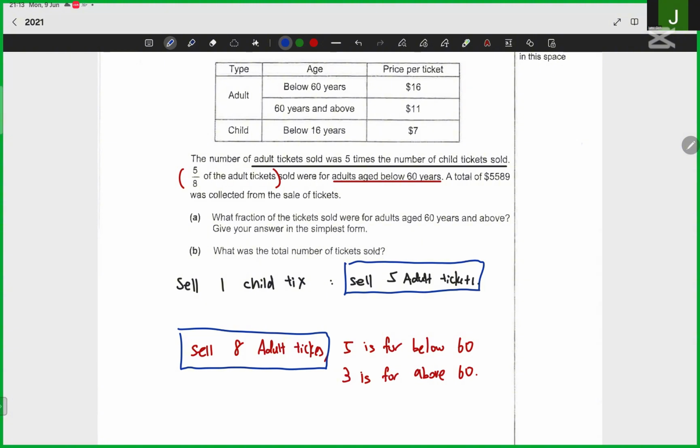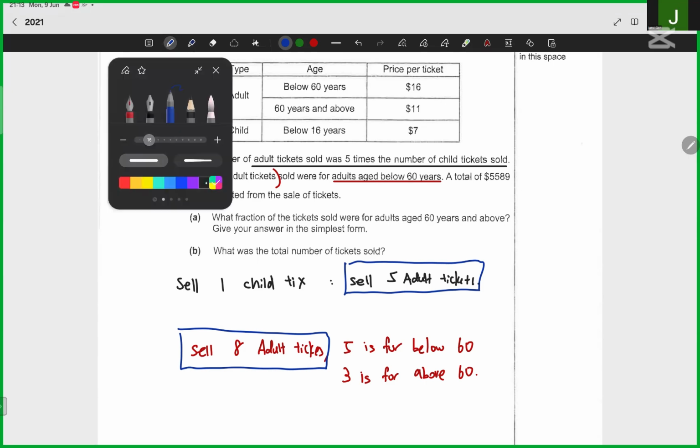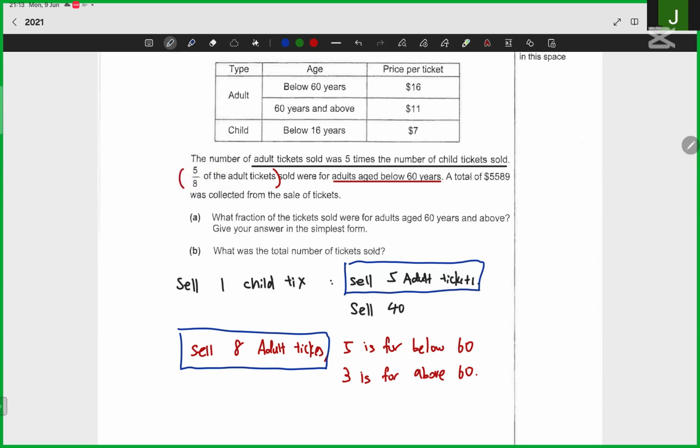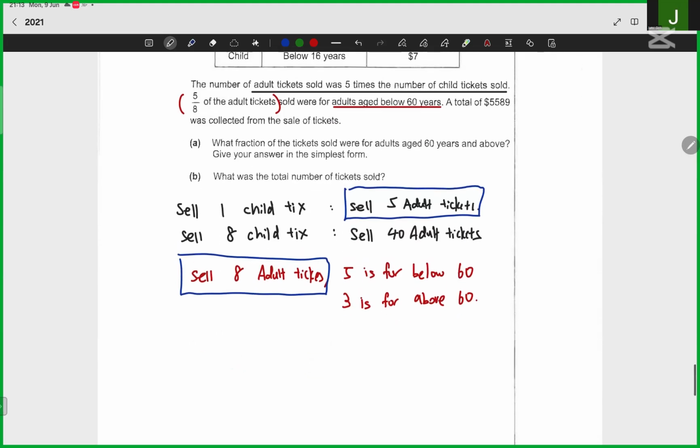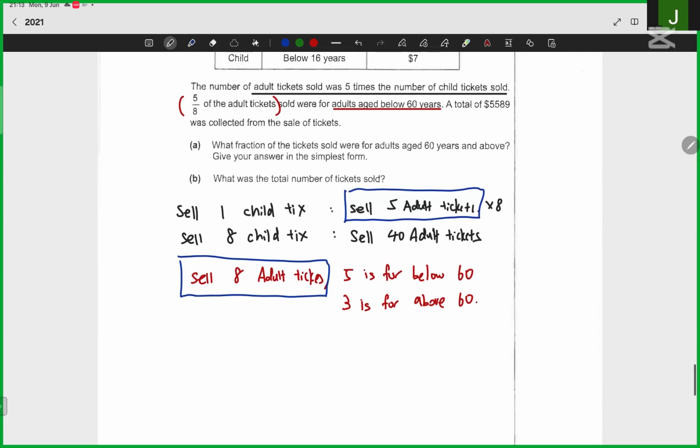So 5 and 8, you should think of the common number as 40. Correct? So that means I can upsize the number a little bit and say, what if I sell 40 adult tickets? Then it will lead to me selling 8 child tickets.